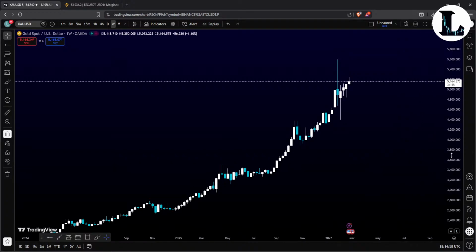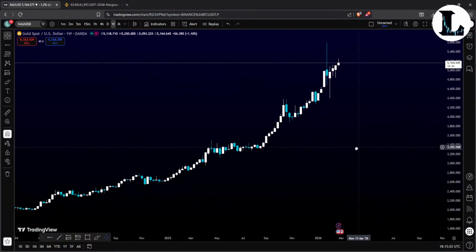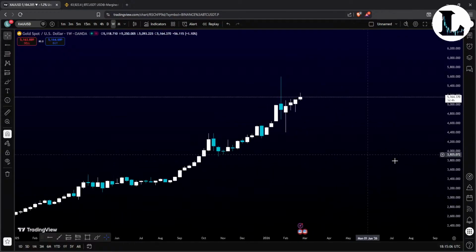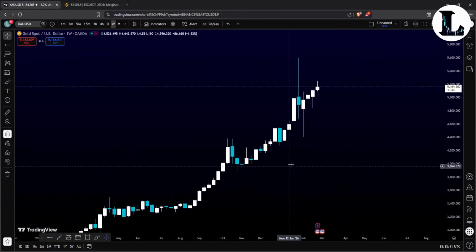I normally don't like weekly levels on Bitcoin because there is not a lot of data, but gold is a little bit different, okay? On the weeklies you can use every blue candle on the bottom as big support, and every white candle on the top as resistance.